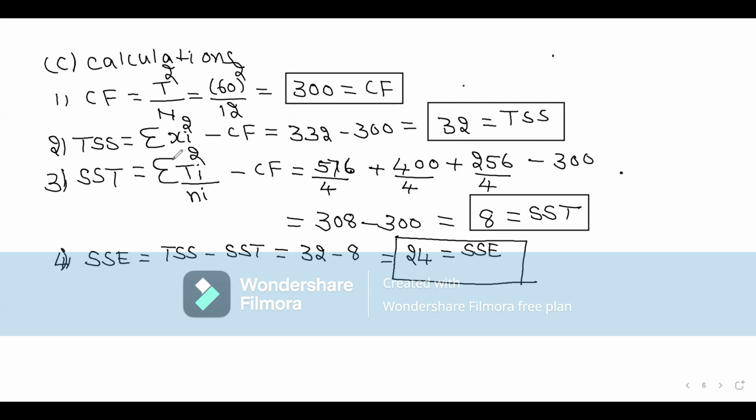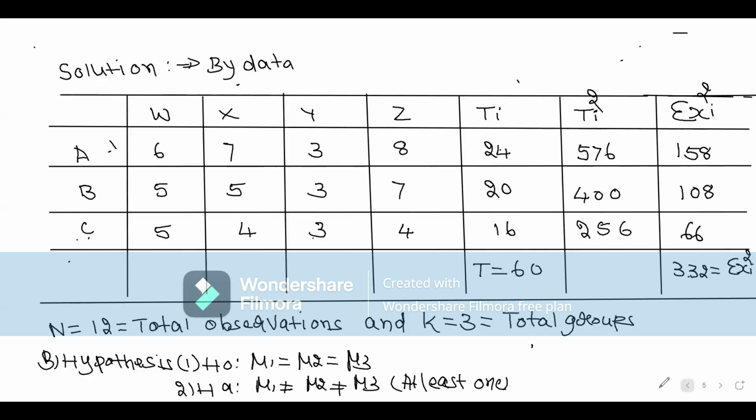SST equals summation of Ti square upon ni minus CF. CF is 300. Then Ti square, look here in the table: 576 divided by how many? This is a sum of 4 values. 576 divided by 4, and similarly next plus 400 divided by 4 values.